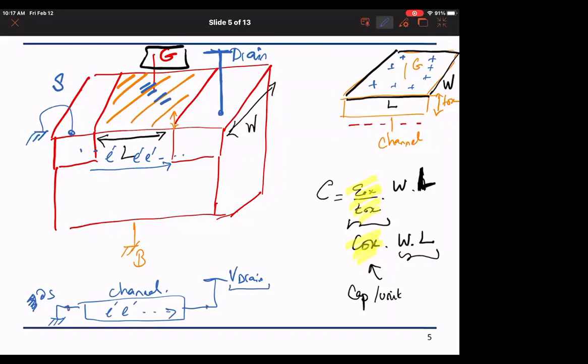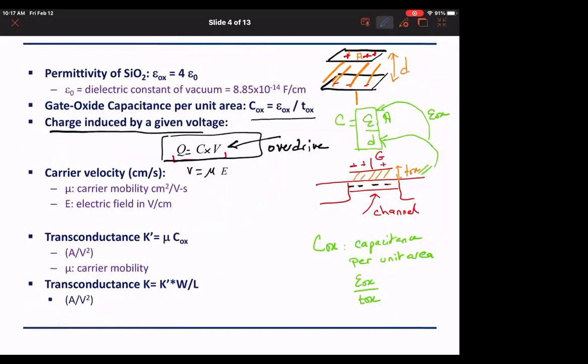The drain to source voltage will attract them or create their motion or mobility. So the mobility or the carrier velocity of the electrons is determined by mu E, where E is the electric field, which is due to VDS over L. Okay, so we are starting to see the picture of how the current is forming.